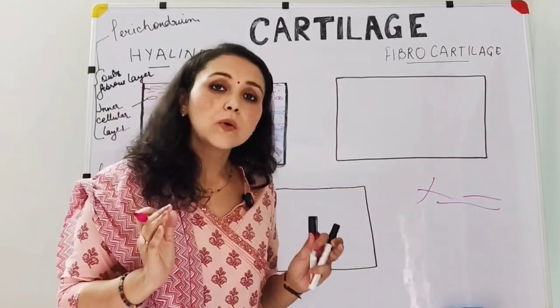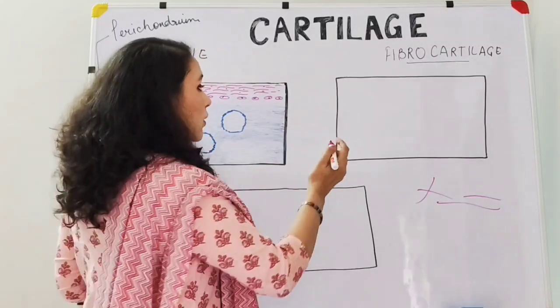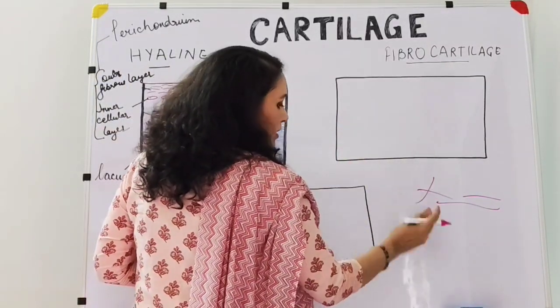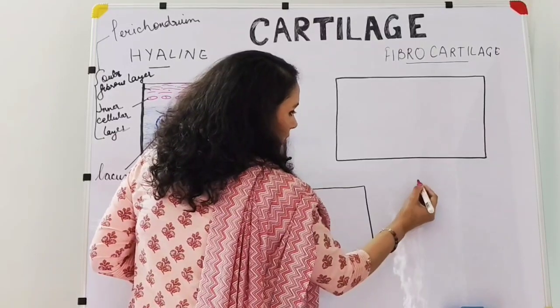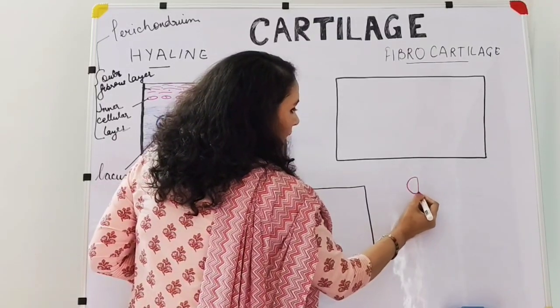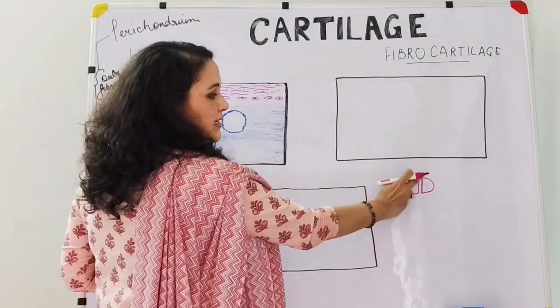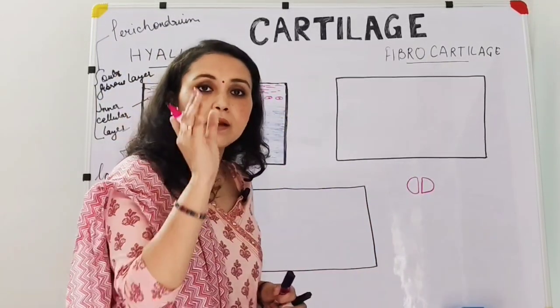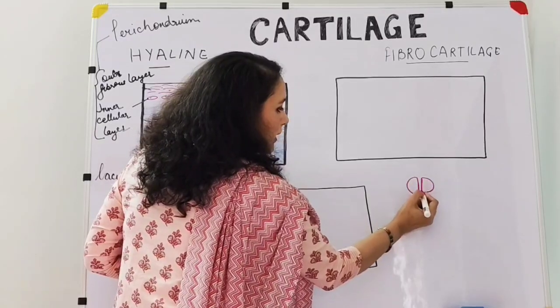Now, how will the cells arrange themselves? Like a cell has divided and formed two cells, right? Now the opposing surfaces, you'll draw them like this.